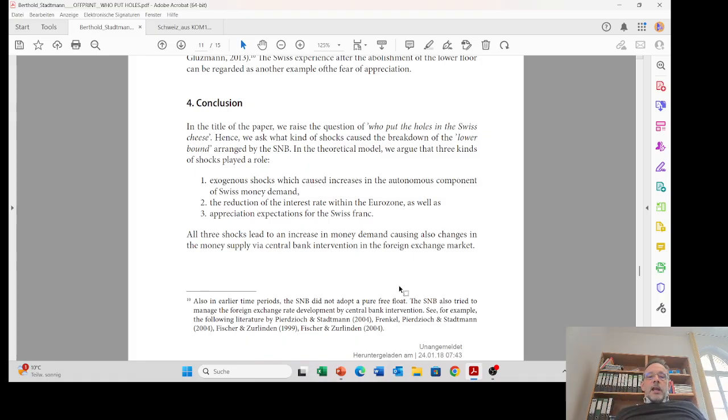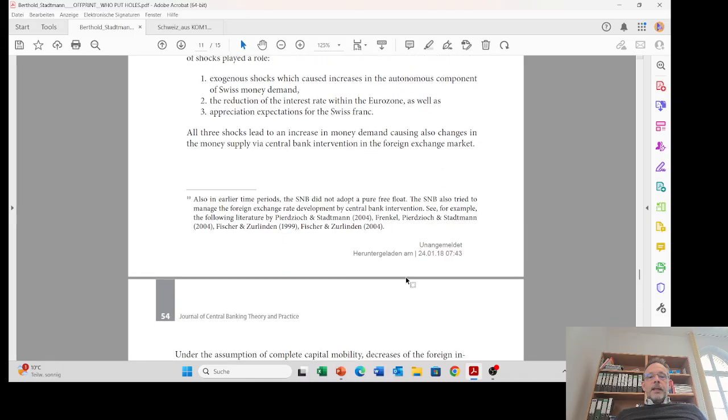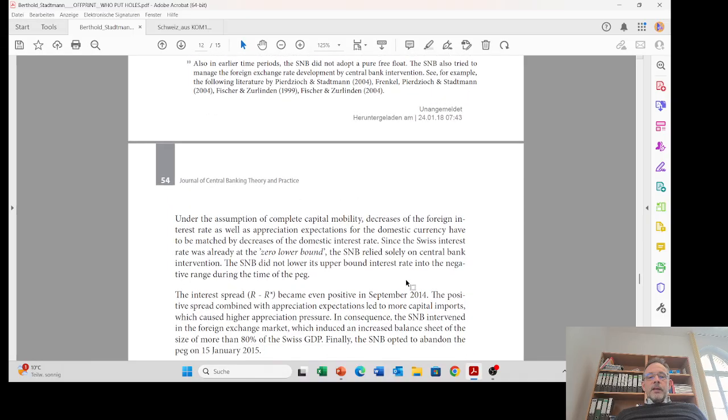We were able to identify 3 exogenous shocks. So the first one is an increase in the autonomous component of Swiss money demand. So D0 increases. A reduction of the interest rate within the Eurozone. So R star decreases. And appreciation expectations for the Swiss franc. So all these 3 shocks matter.